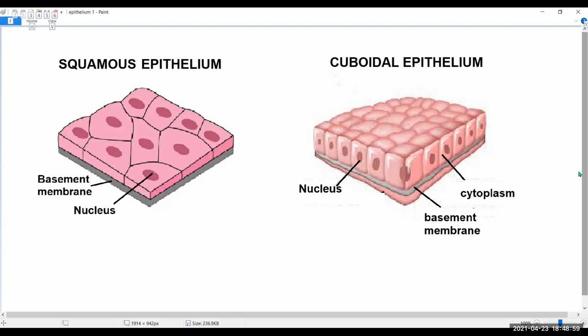Next is cuboidal epithelium. Here, the cells are cube-like, of almost equal height and width. Cuboidal epithelium is present in kidney tubules, salivary glands, and thyroid gland. These cells are concerned with absorption.